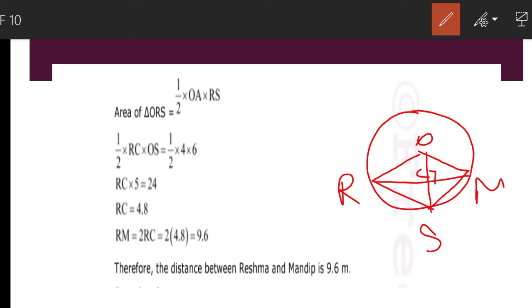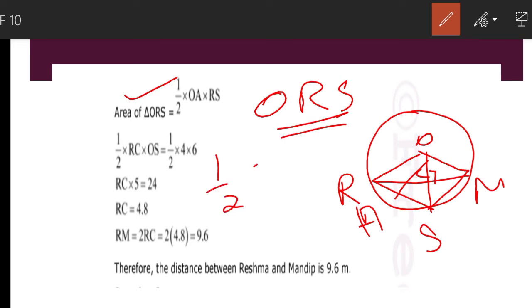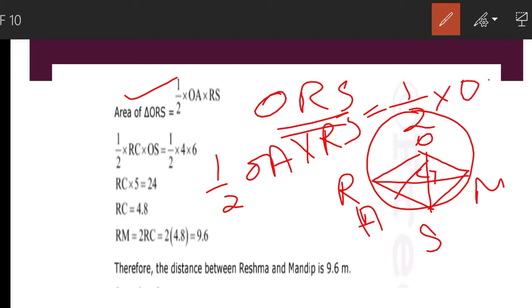So if we take the area of the triangle ORS, we will get half OA into RS, since OA was the perpendicular construction on RS, and again we will get RC on OS. So the area of ORS will be both half OA into RS as well as half RC into OS.